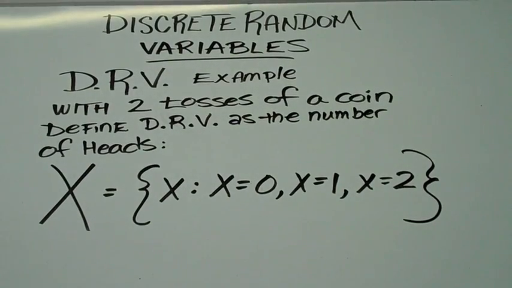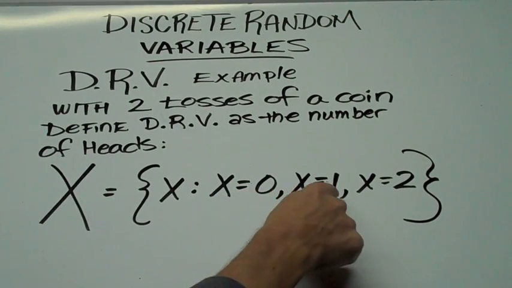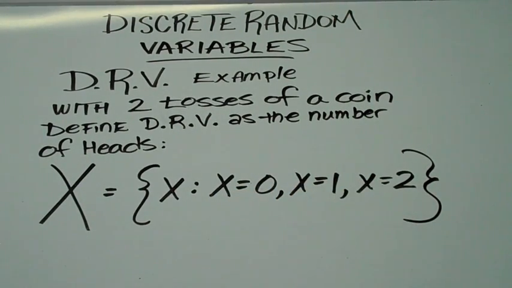Here's a very easy example with defining a discrete random variable. With two tosses of a coin, define the discrete random variable as the number of heads. Well, if you flip two coins, you can either get 0 heads, 1 head, or 2 heads. So we have a probability process where we're defining the total number of heads. We're counting them.